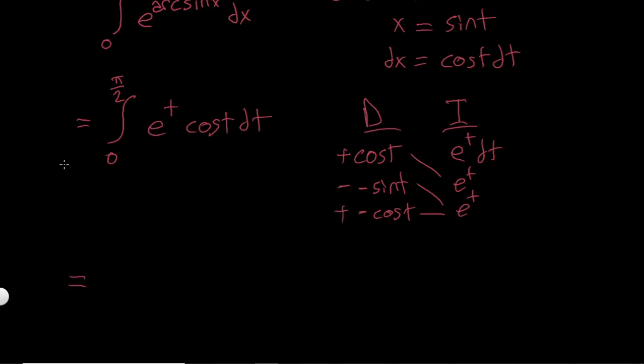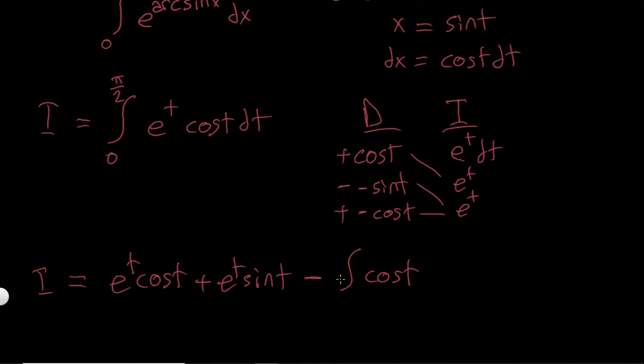So let's also call our integral I. So I have e to the t cosine of t, minus minus, it will be plus e to the t sine of t, and minus this integral, with boundaries from 0 to pi over 2, of cosine t e to the t dt.